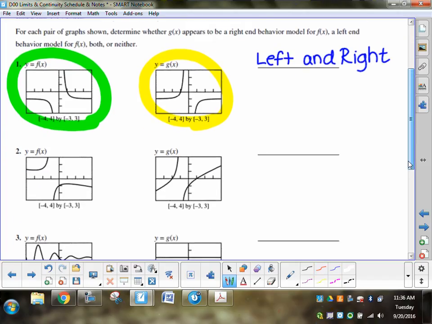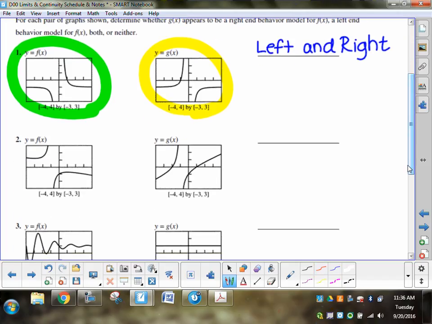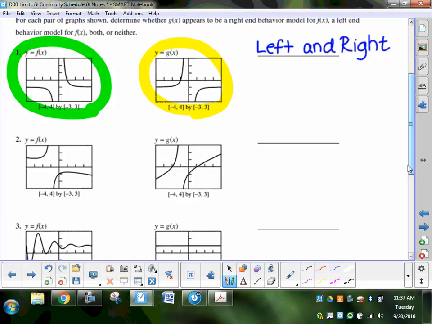Let's take a look now at 2. Knowing what you know, what would you give as your answer for 2? Hands up, please, when you can give that out. Look at the g of x. Does it model what's happening as we go to the left and to the right, or positive and negative infinity, of the f of x? What would you say, Evan?